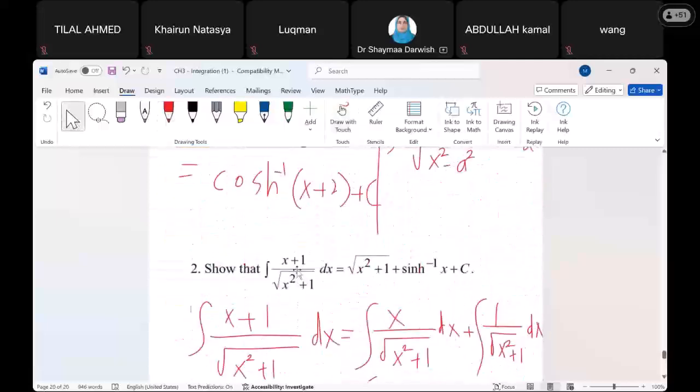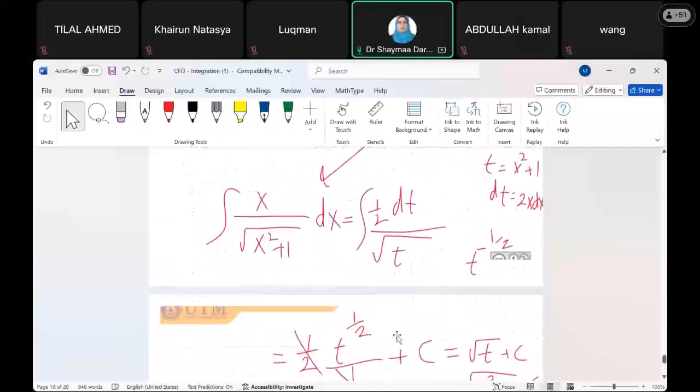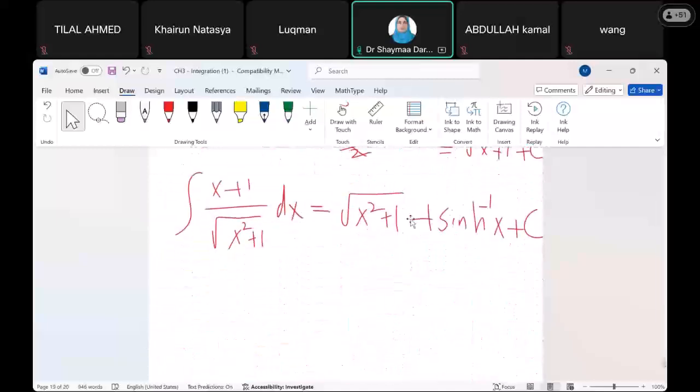So here we split because it is easier for me, instead of integrating directly, to split it into two integrations. By this, we end chapter 3.